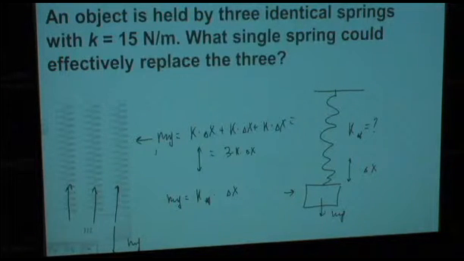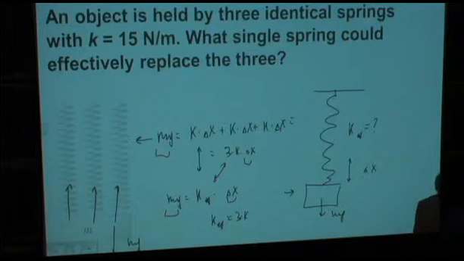So this is the same, which means if we take one spring, which is 3 times stiffer, stronger, we can replace those 3 with this one, and it will not change a thing.